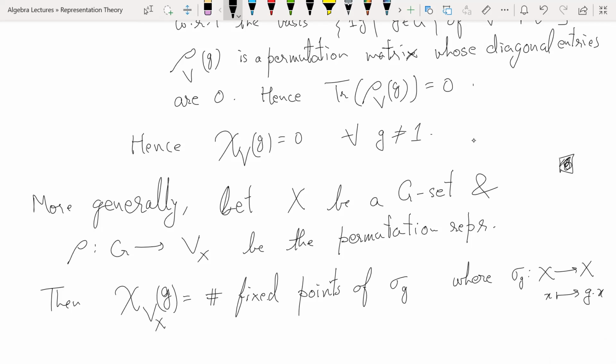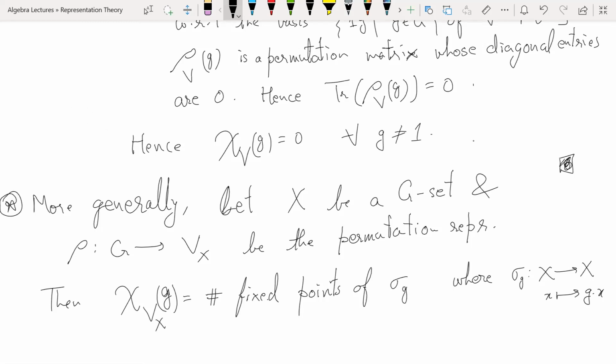X is a G-set, so there is an action that induces this. It's basically the fixed points of the action. So think of it whichever way you want: a fixed point of a function, you know. That's why I've written it this way. Fixed points of the action can also be defined as fixed points of sigma g. This is for a general set.